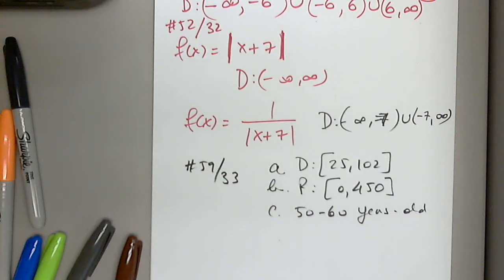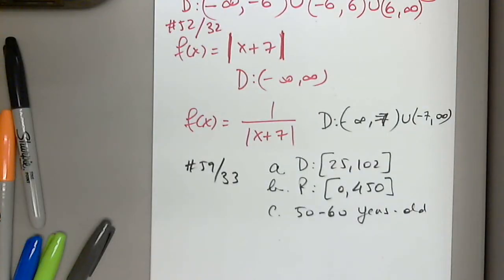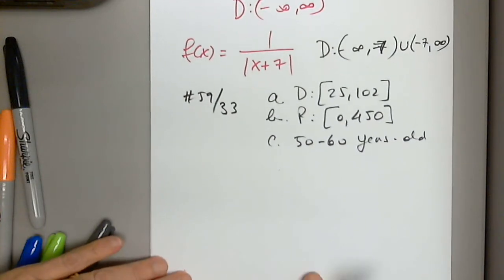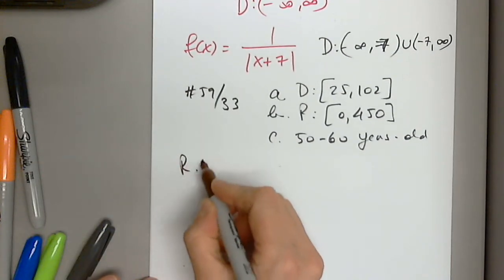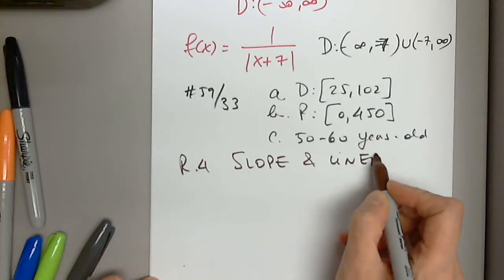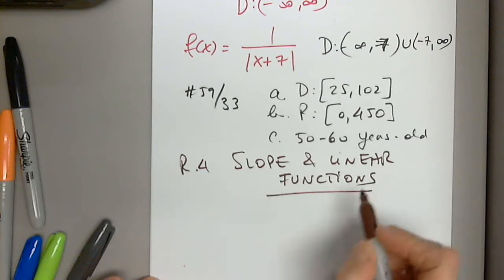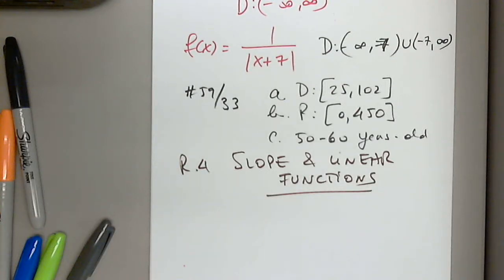Okay, so this is in R.4, and that's slope and linear functions. And I would like to look at a few applications.